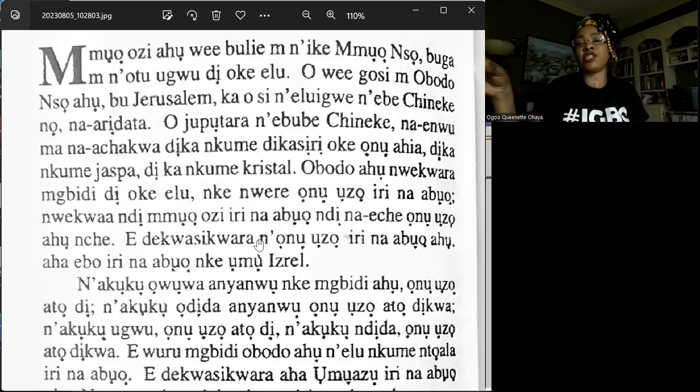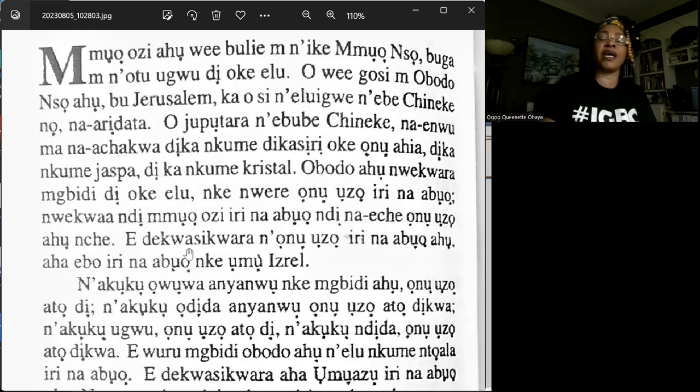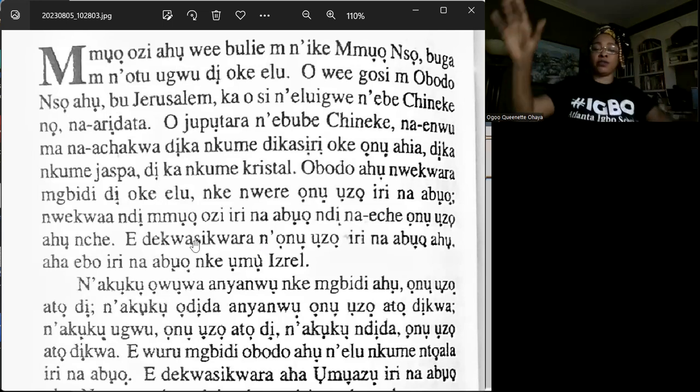When I say Ebuka, biko mechie ụzọ, I may not say ọnụ ụzọ, but to speak really deep Igbo, that's how you say it. But to make it sure, just say ụzọ. So when you hear ụzọ or ọnụ ụzọ, they mean the door. So ọnụ ụzọ iri na abụọ is 12. Okay, good. So it has 12 doors.